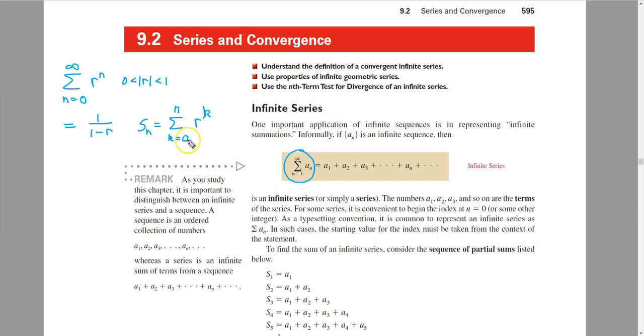So you notice we only sum from 0 to n, and we found that this was equal to this, and as n goes to infinity, you notice this term goes to 0, and we end up with 1 over 1 minus r. So we discussed that last time. Let's take a look at a few examples now involving this.